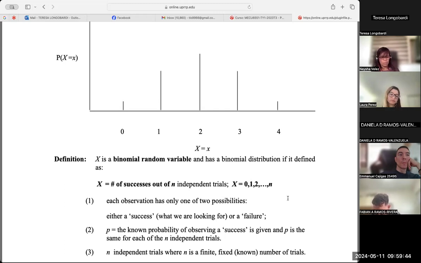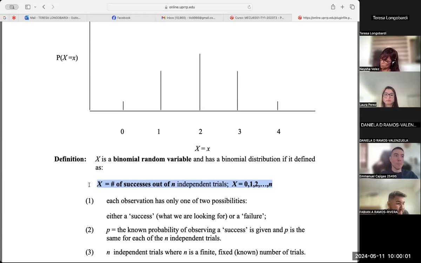First of all, you should be able to complete this sentence when you talk about the variable: the outcome is going to be the number of successes out of n independent tries. Then you probably have a binomial. For instance, when we're counting the number of tails, tails is known as the success.